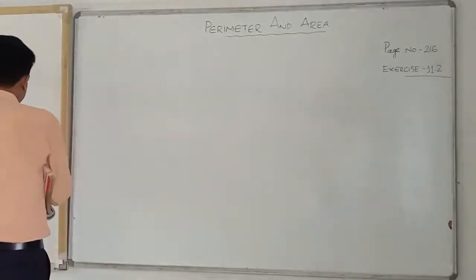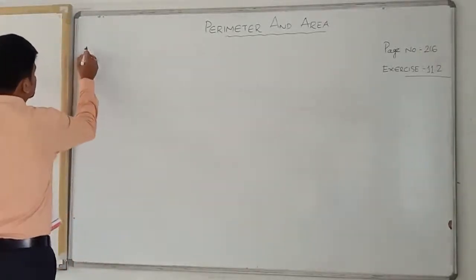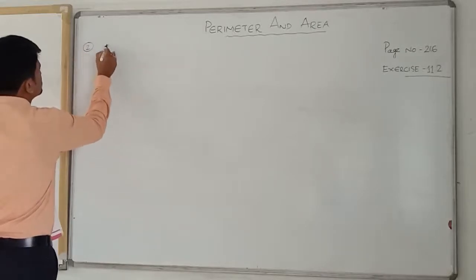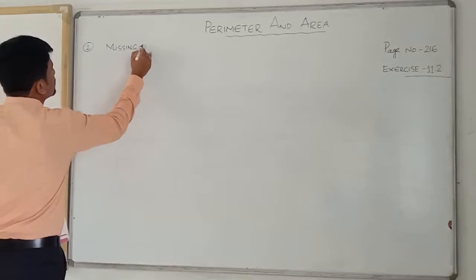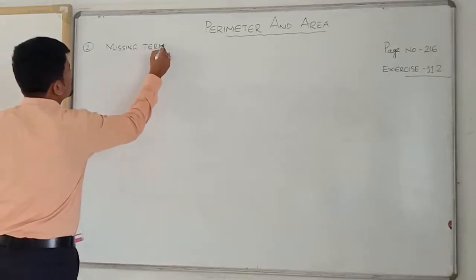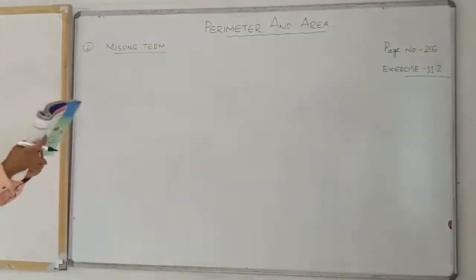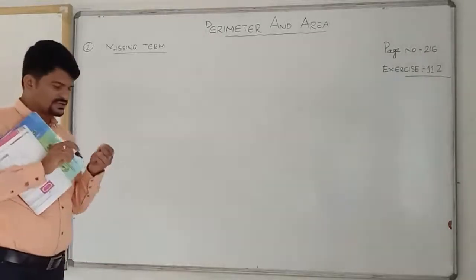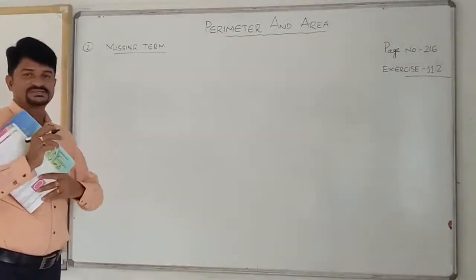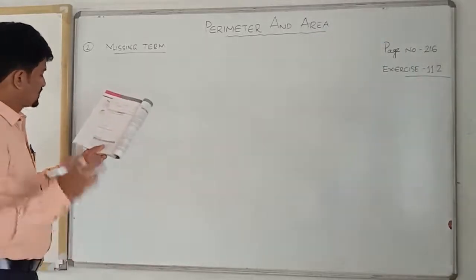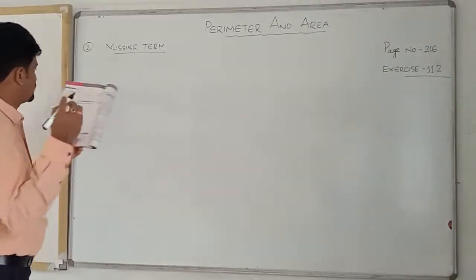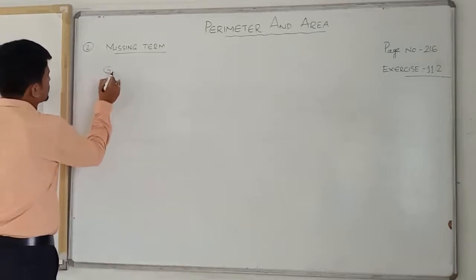This is the second question, missing term. Okay, not English. Children, don't think that it is English. This is a missing term in mathematics only. See, three values in the table. What are given?